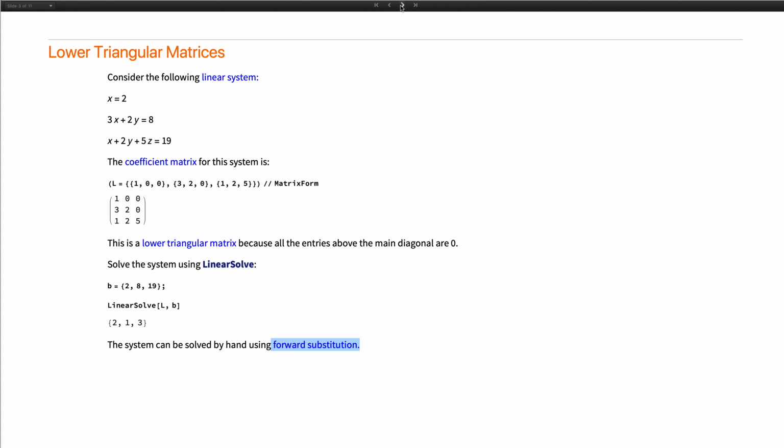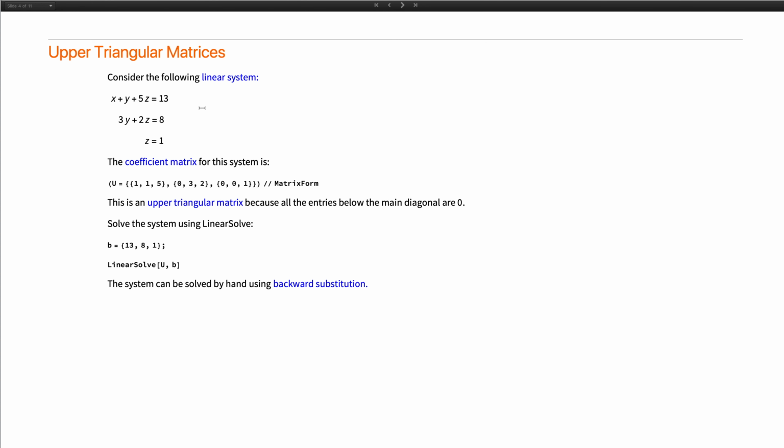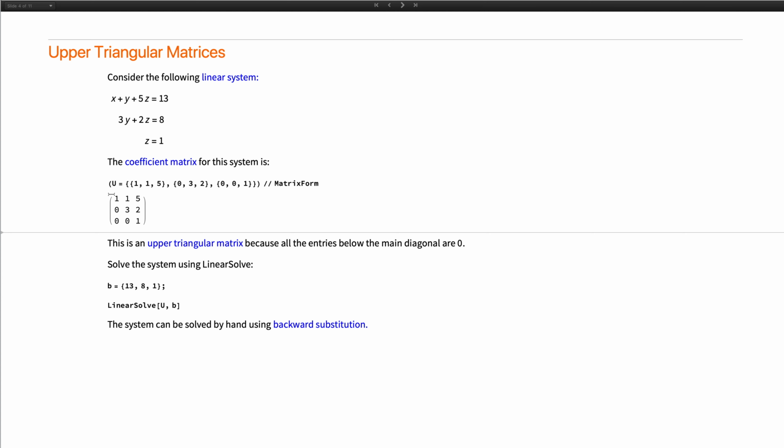Now, at the other end, you have upper triangular matrices and upper triangular systems. So here is an upper triangular linear system, which has just the opposite shape. The coefficient matrix over here is 1, 1, 5, and then you have 0, 3, 2, and 0, 0, 1. That's an upper triangular matrix because all the entries below the main diagonal are 0.